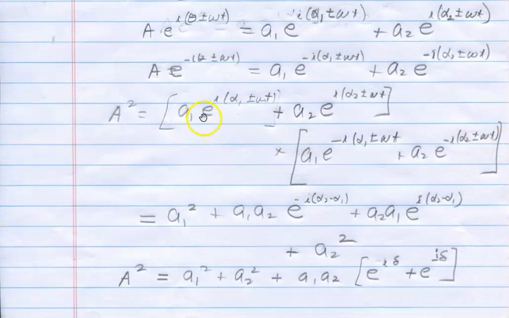If I multiply this out, this term times this one, well, these are inverses of one another, so it just becomes a squared. This term times this one, I'll get a1, a2. I'll get a minus alpha here, and a plus alpha 1, or I get a minus alpha 2, but I'll factor that out, so I get a minus alpha 2 minus this alpha 1.